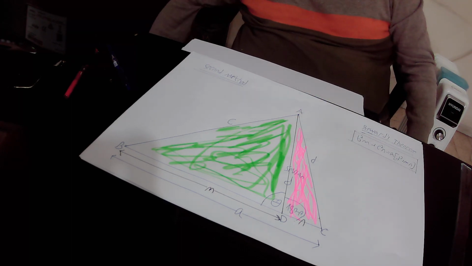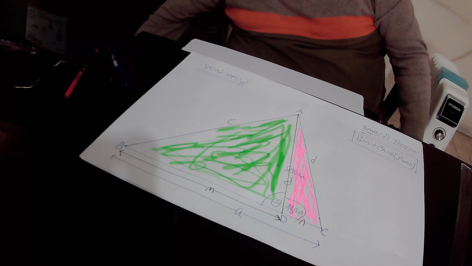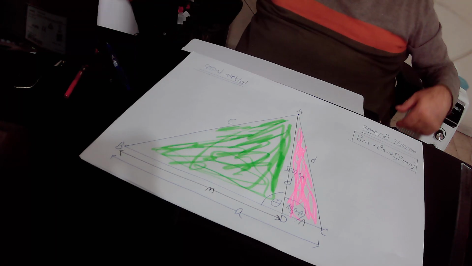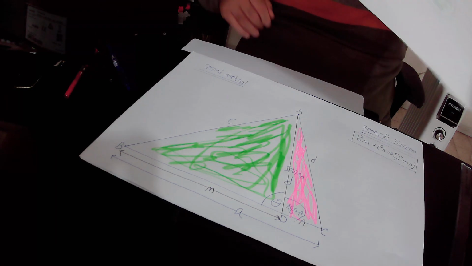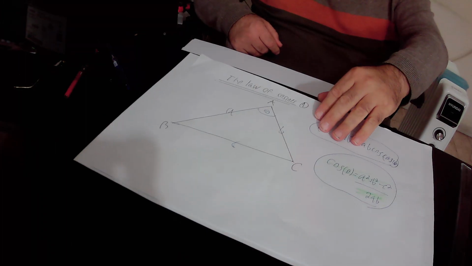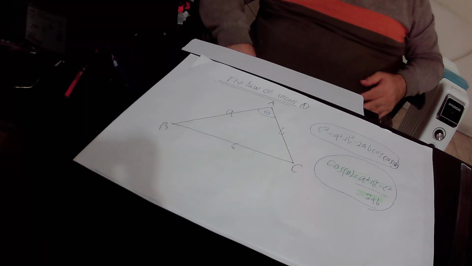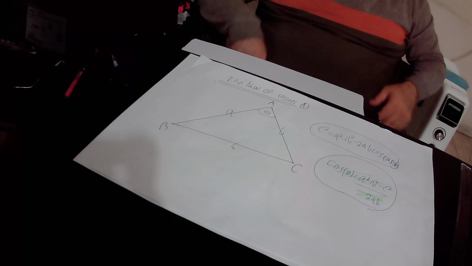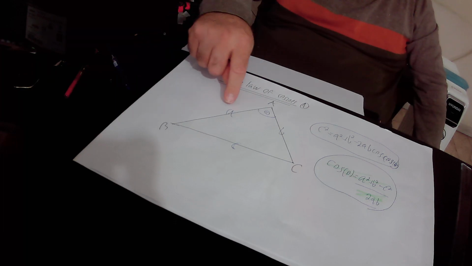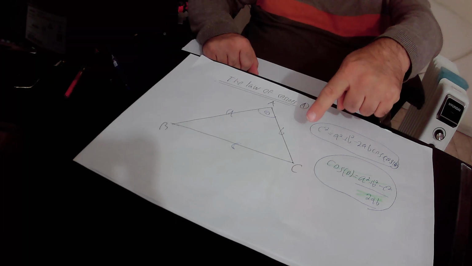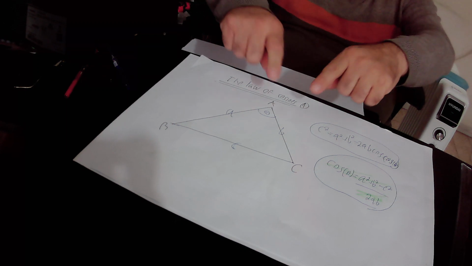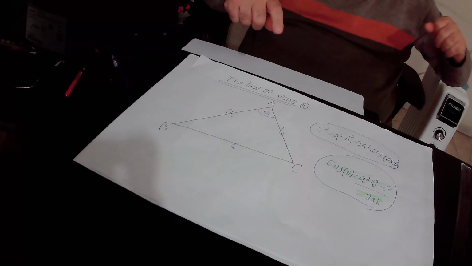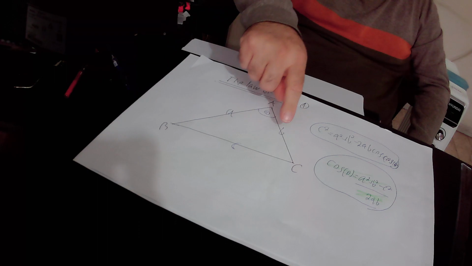What is the law of cosines? The law of cosines is true in any triangle. So this triangle ABC could be any triangle. We know that the length of side AB is A units, side AC equals B units in its length, and finally side BC equals C units in its length, and angle BAC equals theta.